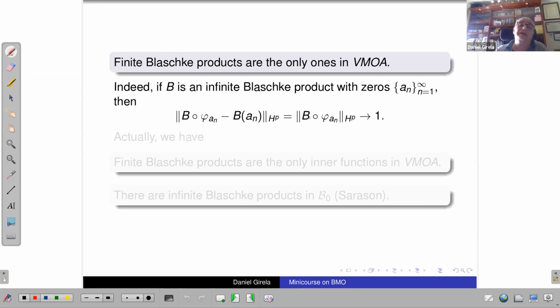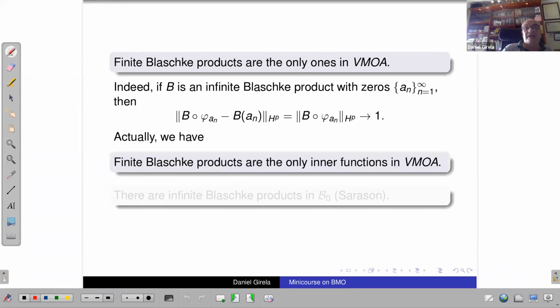But if we compose a Blaschke product with this, it is again an inner function, and so the HP norm of this is 1, and then this is 1. So this does not tend to 0. But if this does not tend to 0, then the product is not in VMO. So the finite Blaschke products are the only ones in VMO. Actually, this can be extended to say that finite Blaschke products are the only inner functions in VMO.